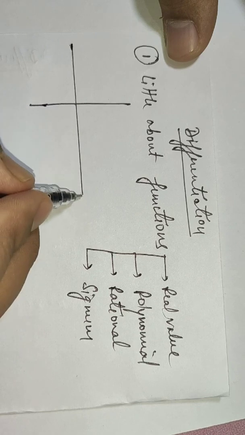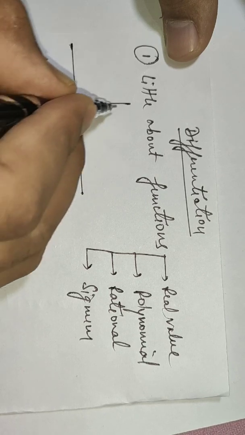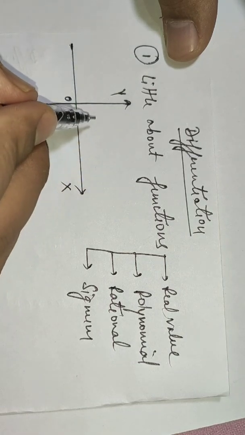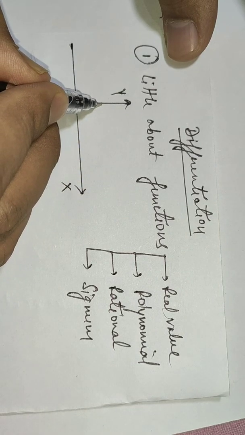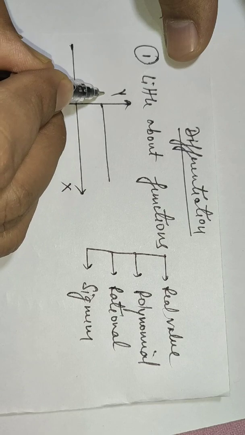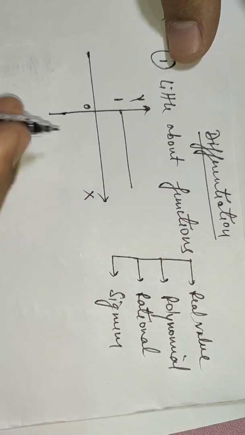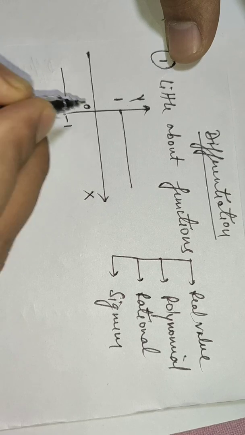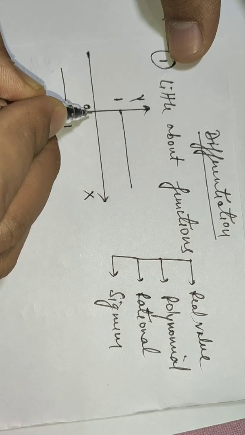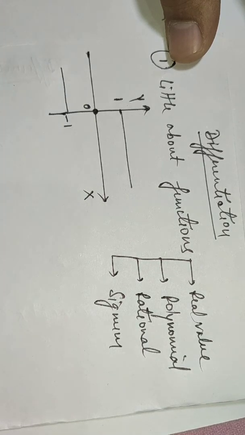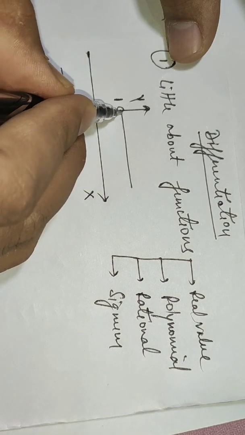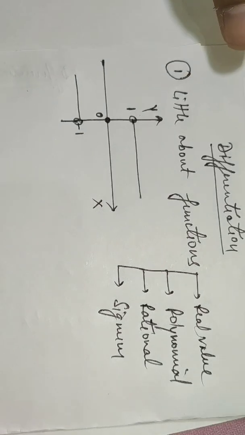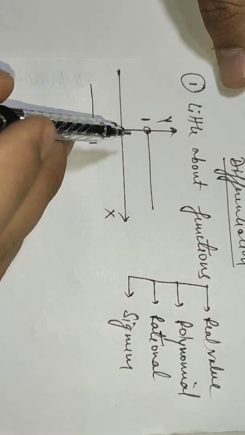For positive values of x you will get 1, and for negative values of x you will get minus 1, and for x equal to 0 you will get 0. At this point and this point it is open, and at this point it is closed. So as you can see from the graph, the function is not continuous.